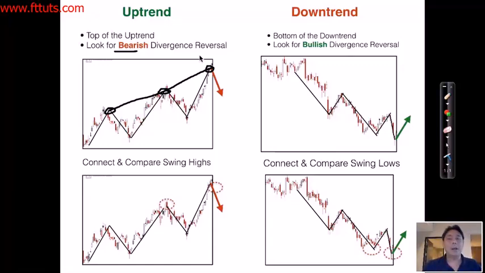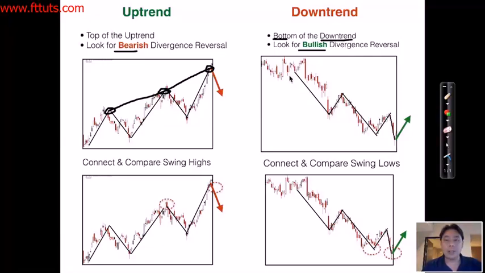Okay, great. The other kind of divergence we're looking for would be bullish divergence. So bullish means we're anticipating the price will go up. Okay, so when does this occur? This occurs at the bottom of a downtrend. So whenever we're at the bottom of a downtrend, we are looking for a sign of a bullish divergence. The price will reverse back up.